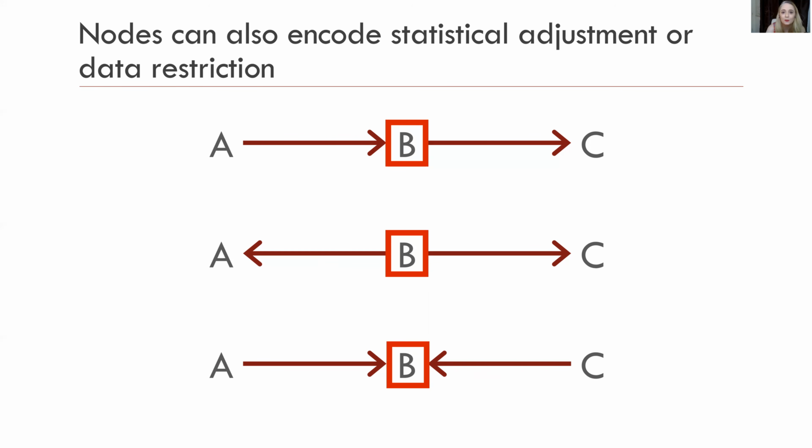So in these three DAGs here, A and C in each DAG are not adjusted for or restricted on. B is either adjusted or restricted or some combination of both. The box doesn't tell us what we're doing to B, it just tells us we're doing something to B.